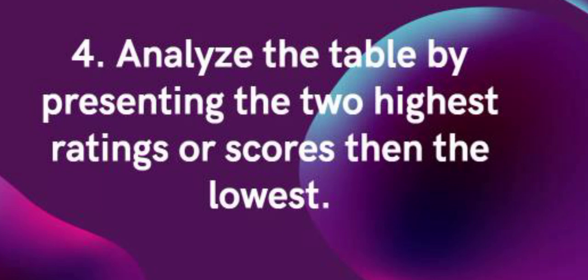Ideally, how many paragraphs per rating should there be? For example, you can start with the highest. You can do 3 to 4 paragraphs of analysis and interpretation. Do not simply repeat what is on the table. Only the 2 highest and then the lowest. I would like to reiterate that one.